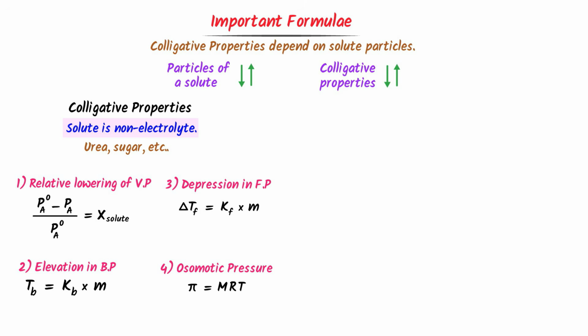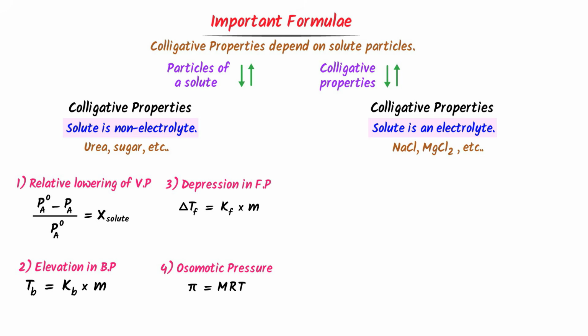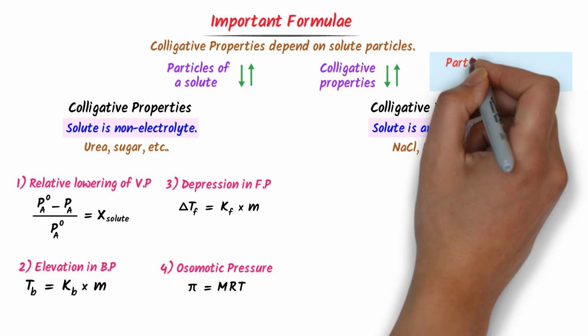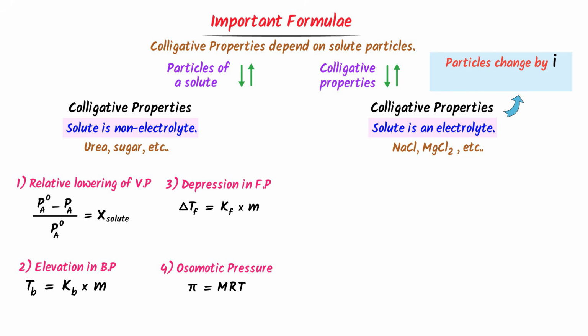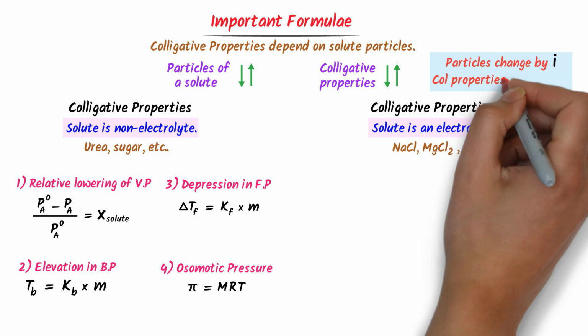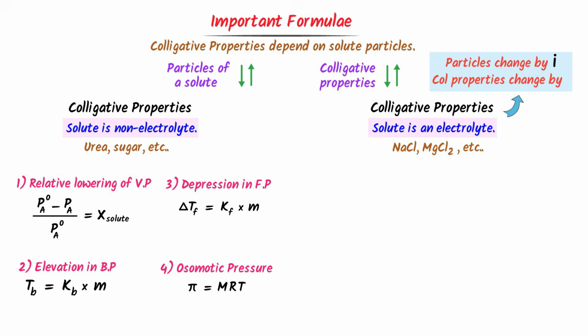On the other hand, we will learn colligative properties when a solute is an electrolyte like sodium chloride, magnesium chloride, etc. We know that in case of an electrolyte solution, the particles of a solute change by the Van't Hoff factor i. So the colligative properties also change by the Van't Hoff factor i.